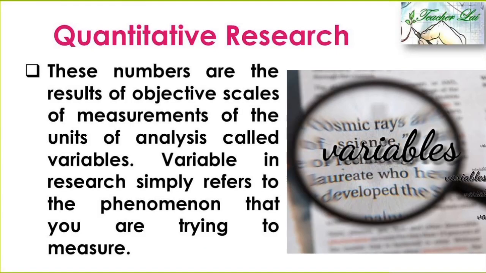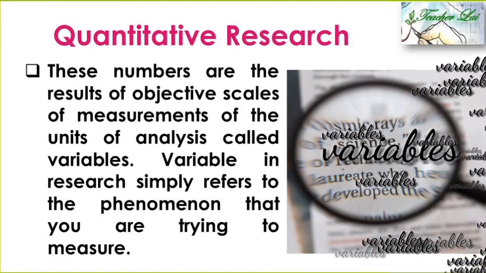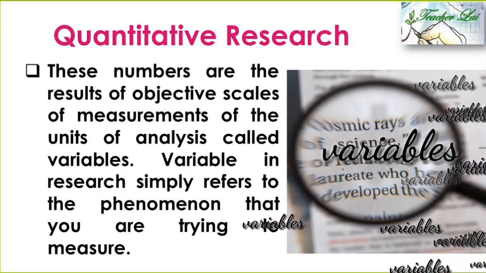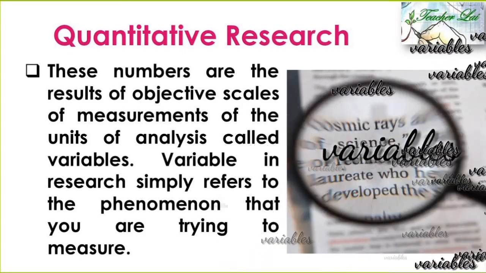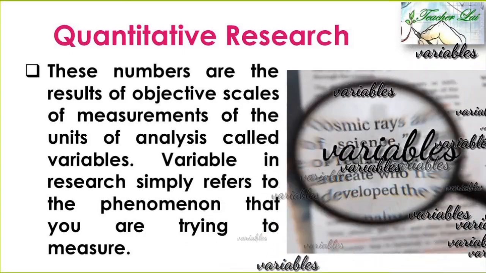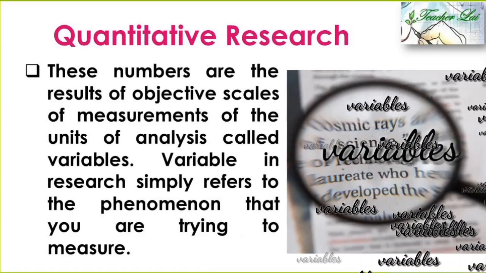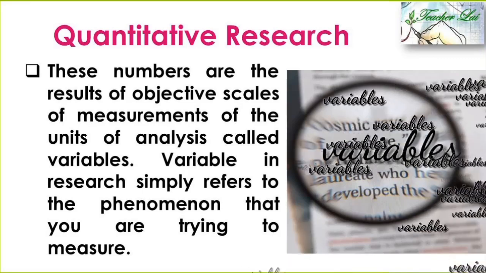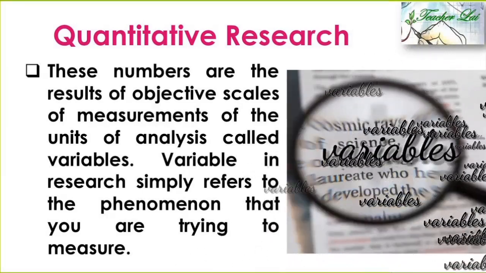These numbers are the results of objective scales of measurement of the units of analysis called variables. Always remember, a variable in research simply refers to the phenomenon that you are trying to measure or investigate.